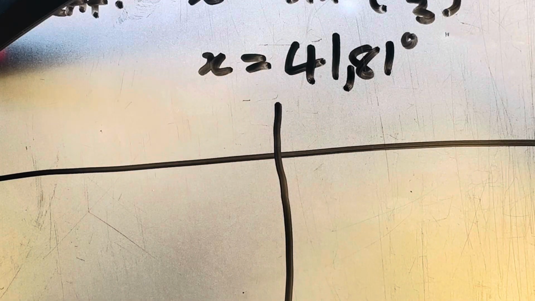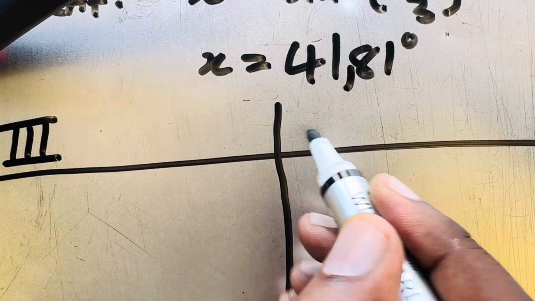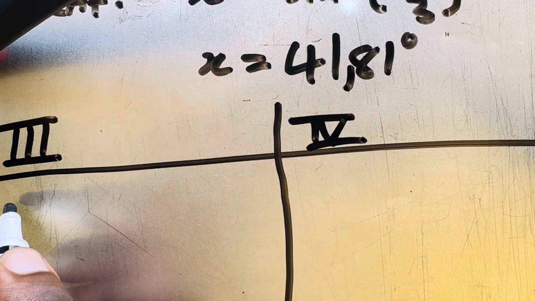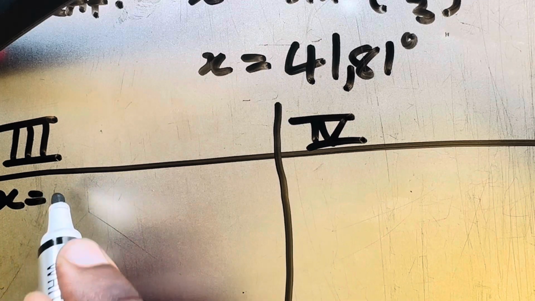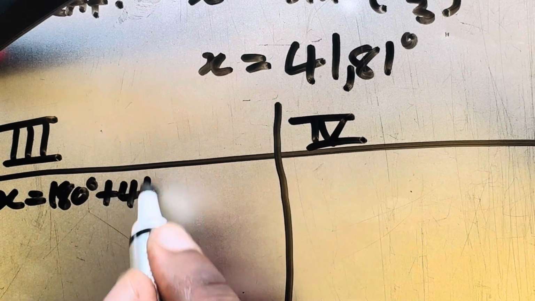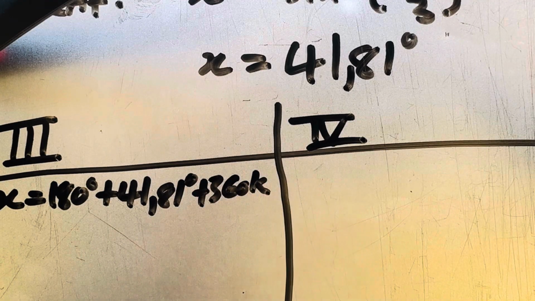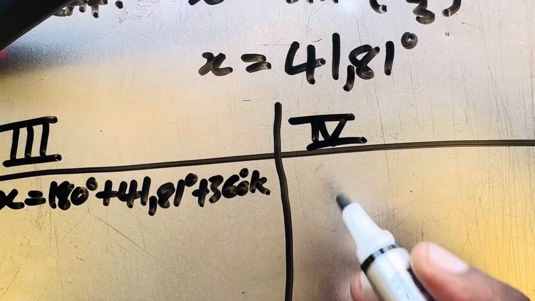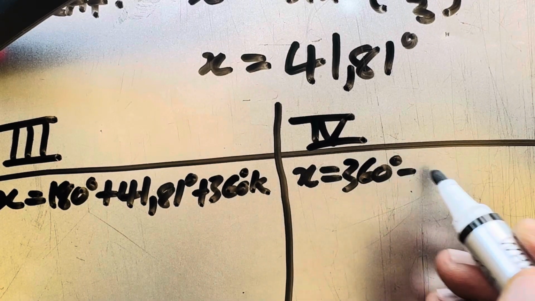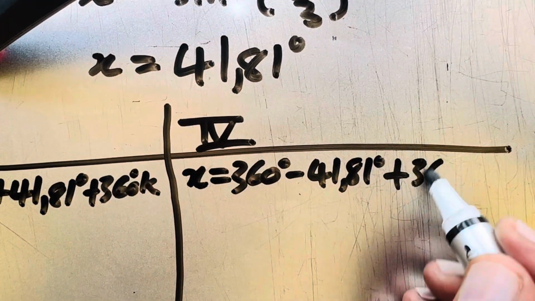Sine is negative in the third quadrant and the fourth quadrant. In the third quadrant, x will be equal to 180 degrees plus 41,81 degrees plus 360K. In the fourth quadrant, x is equal to 360 degrees minus 41,81 degrees plus 360K.